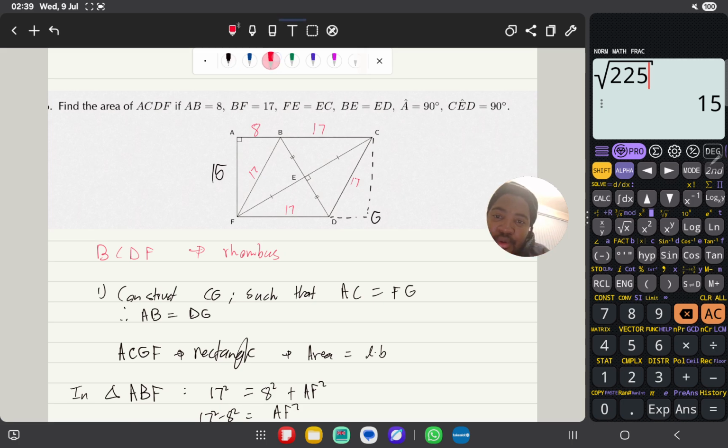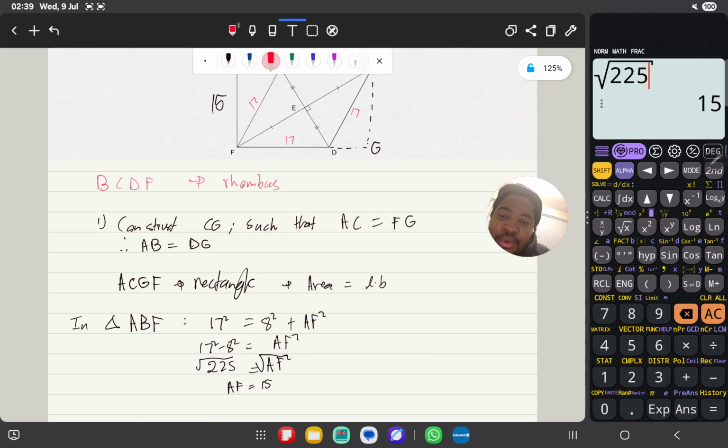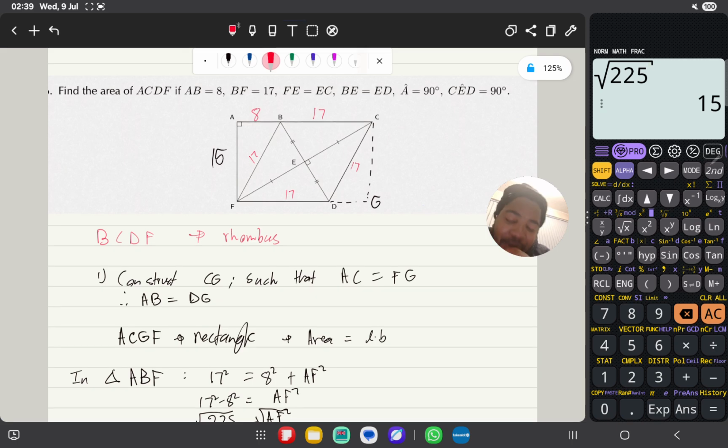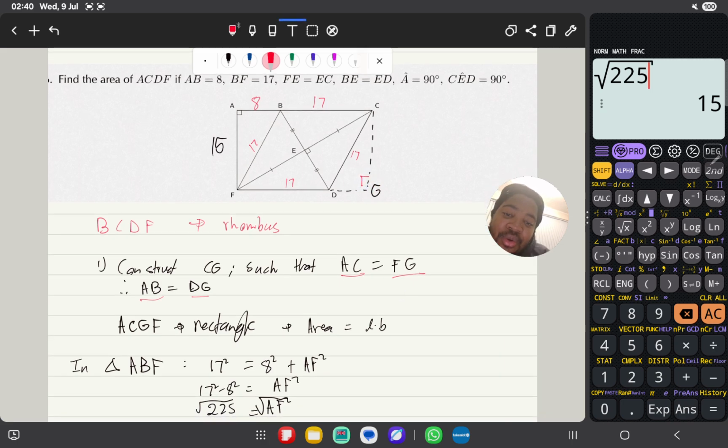So let me go to the point we made initially. Upon construction, we constructed this such that AC and FG are equal, and from them being equal, it also meant that AB would be equal to DG, right? So AB and DG are equal. Now we don't know what length this side is.